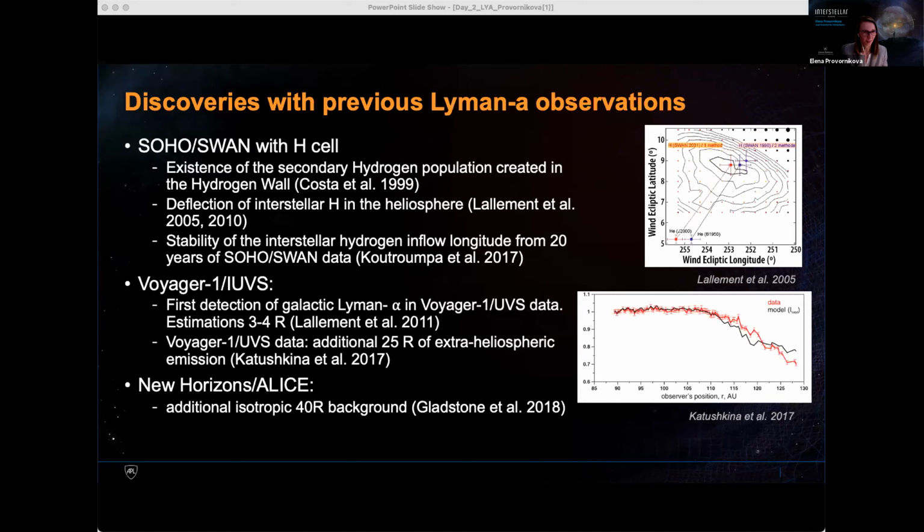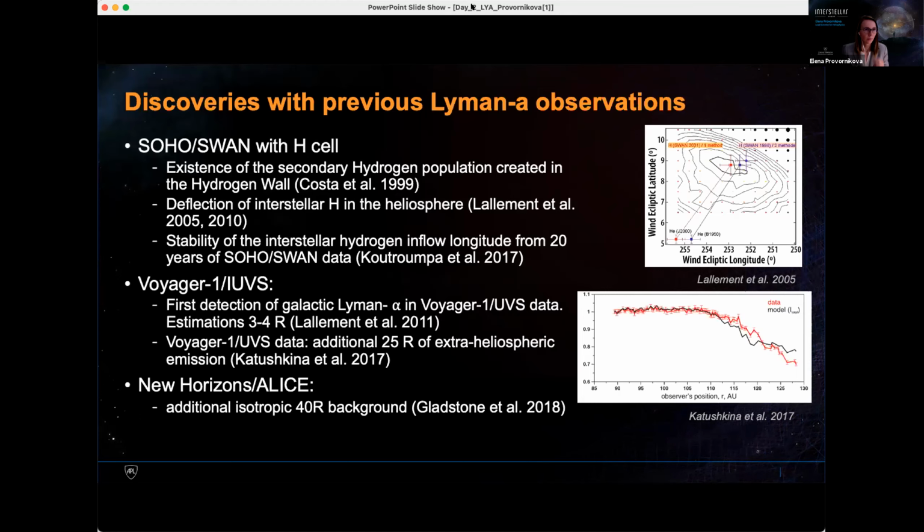It could be galactic or extragalactic. And actually, if we could resolve the spectrum of Lyman-alpha emission, that would really give us a definitive answer about the source of this additional Lyman-alpha emission at large distances from the sun.